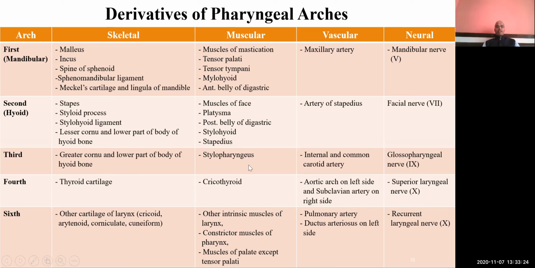The muscular part is the stylopharyngeus muscle. The vascular component is the internal and common carotid artery. The nerve is the glossopharyngeal nerve, the 9th cranial nerve.